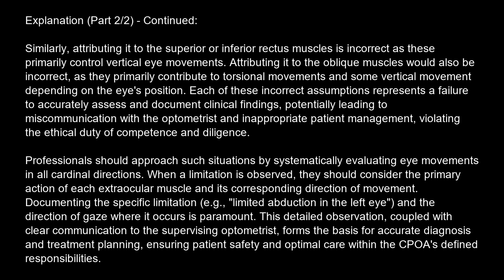Attributing it to the oblique muscles would also be incorrect, as they primarily contribute to torsional movements and some vertical movement depending on the eye's position. Each of these incorrect assumptions represents a failure to accurately assess and document clinical findings, potentially leading to miscommunication with the optometrist and inappropriate patient management, violating the ethical duty of competence and diligence.